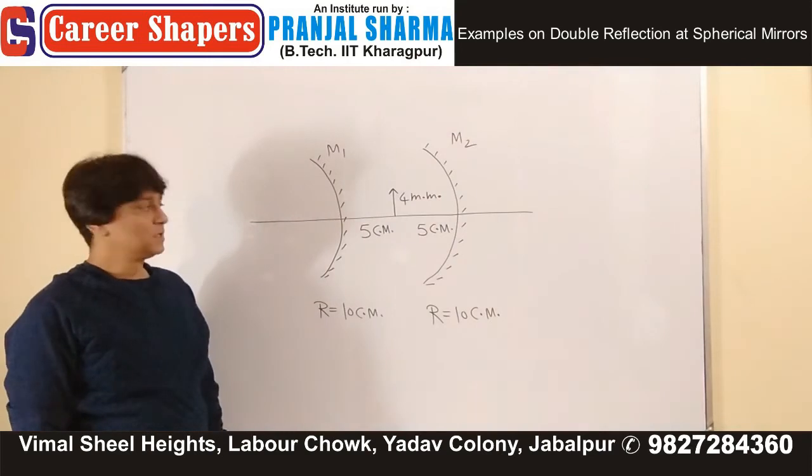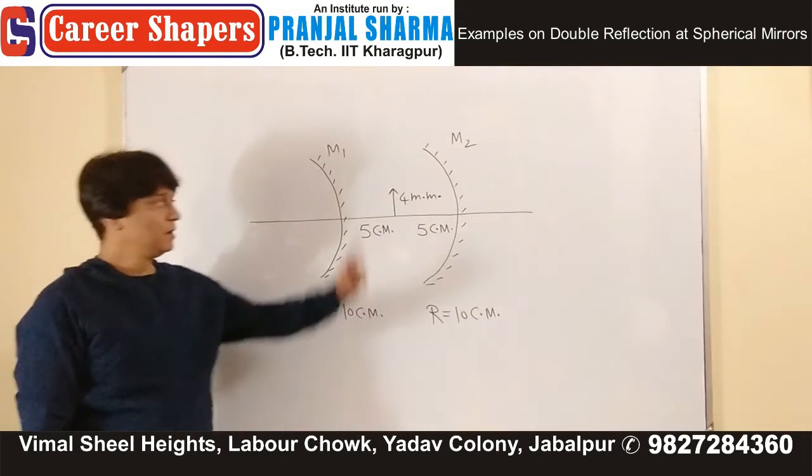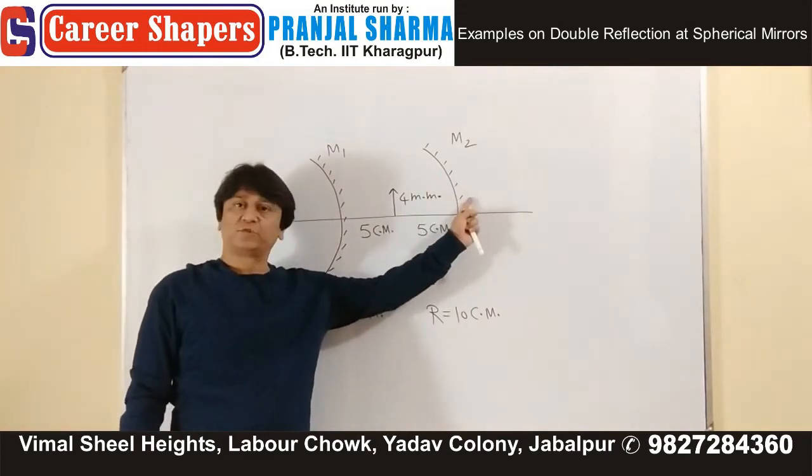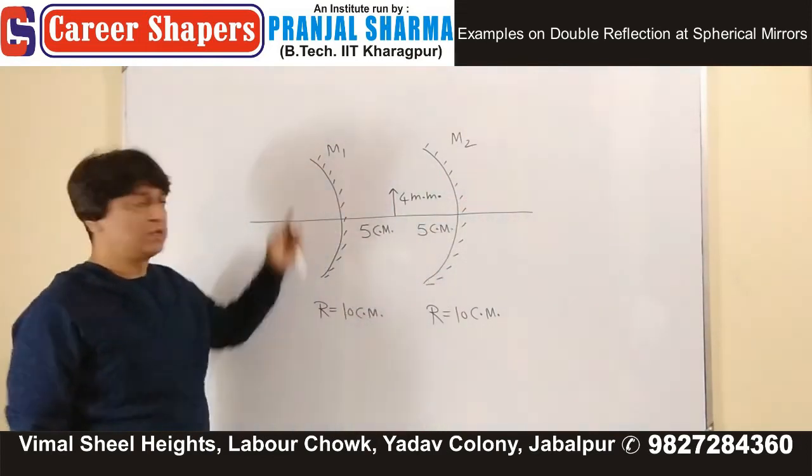So we need to answer position of the final image when reflection is such that first it takes place with M2 and then it takes place with M1.